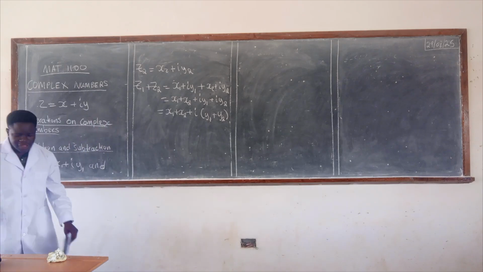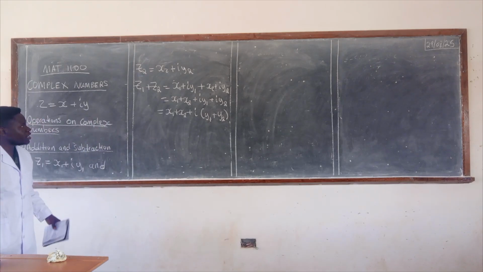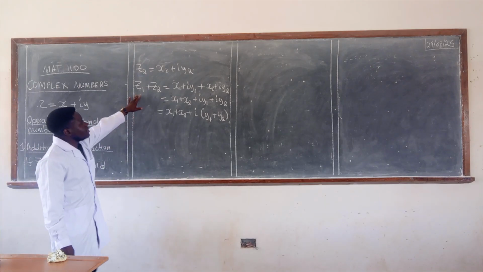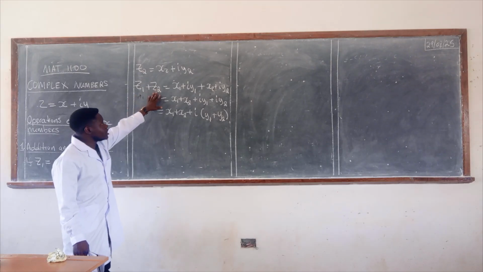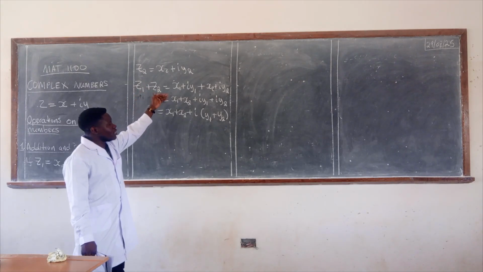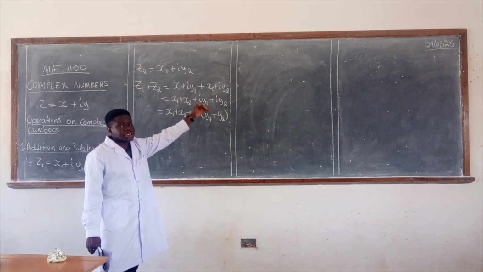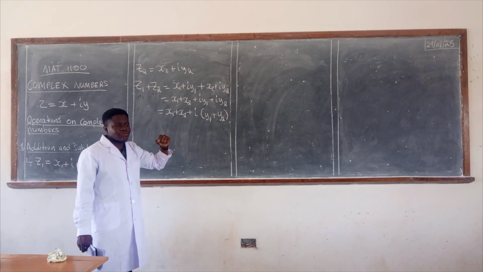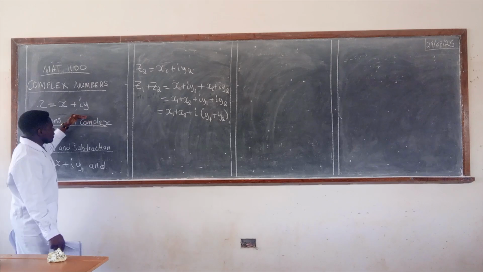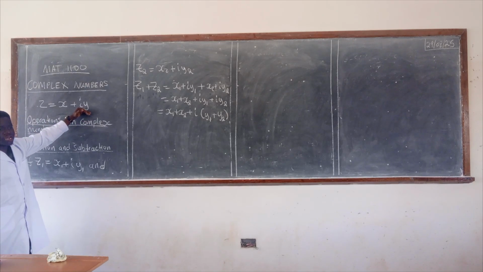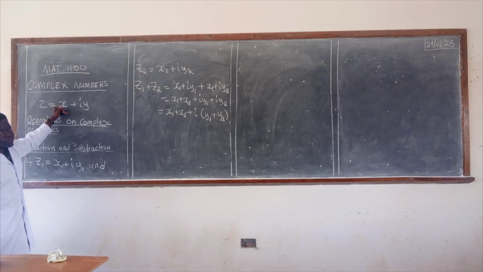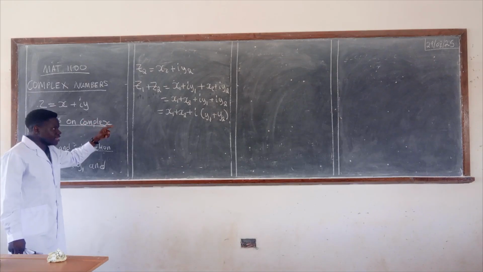Simply, if you are asked to add two complex numbers z1 and z2, you collect the like terms: you add the real parts together and the imaginary parts together. Remember, this part is called the imaginary part and this is called the real part. I think I never said that.